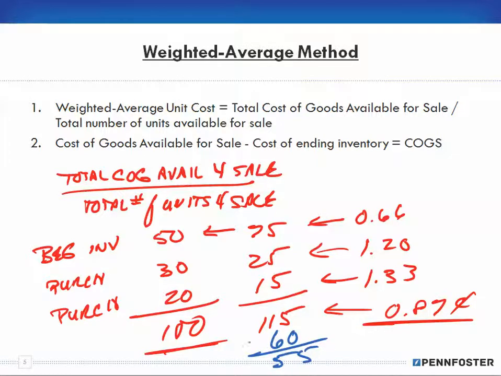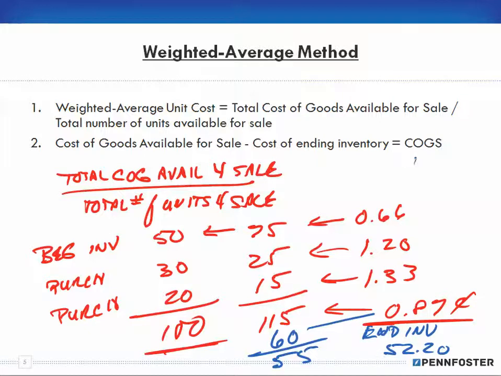Well, now when I count up 60, I take 60 times decimal 87, and that means my ending inventory is $52.20.